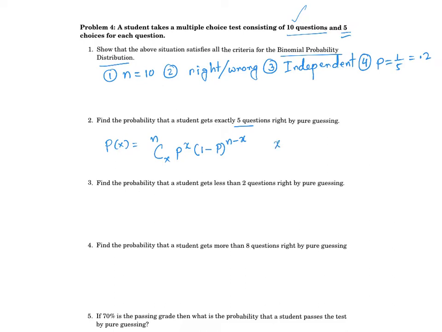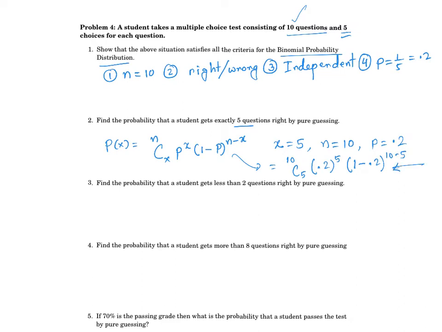In this problem, x has to be 5, n is equal to 10, and p is equal to 0.2. You just plug in these numbers and you get 10C5 times 0.2 to the power 5 times 1 minus 0.2 to the power 10 minus 5, and you should be able to simplify it.